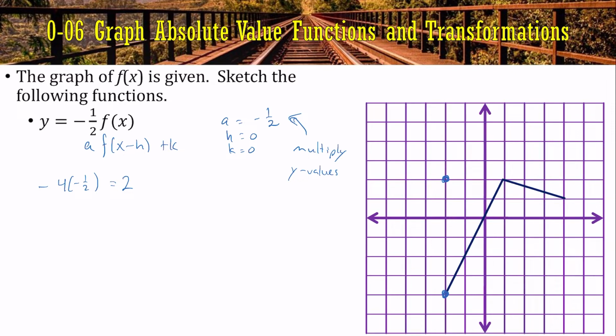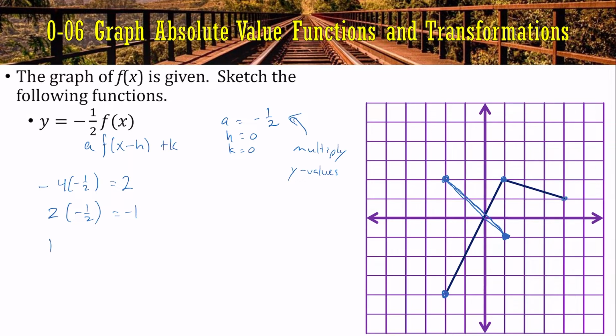Where's another place? Let's go to the other end of the line. Here, that y value is 2. I'm going to multiply it by a negative half. I get negative 1. It's the same x value, just a different y value. So there's that line. And then here's this one.